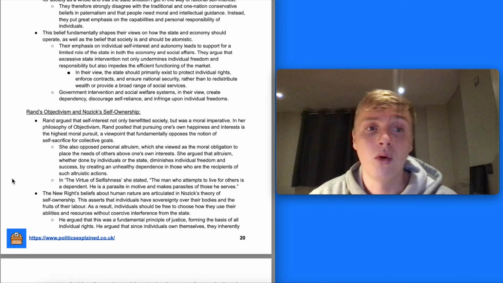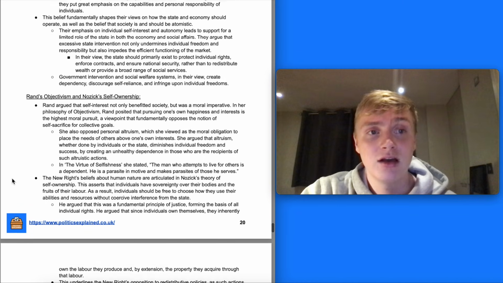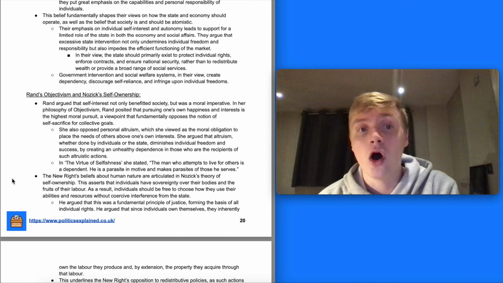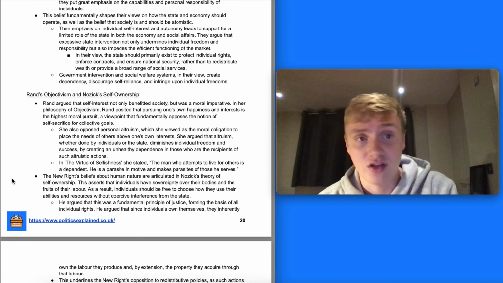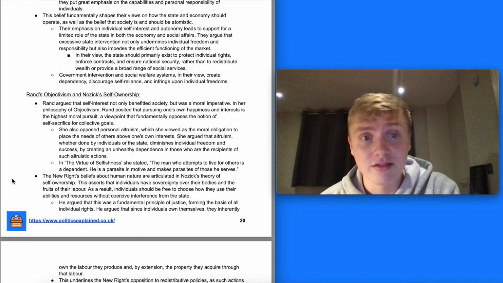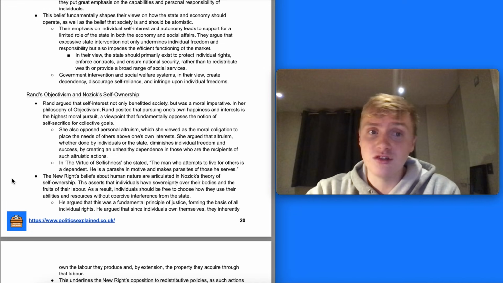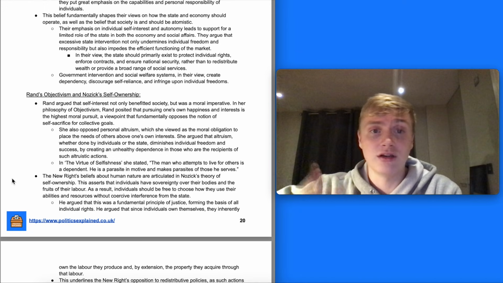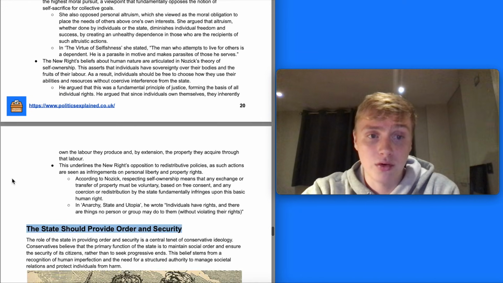So it leads them to support a limited role for the state in both the economy and social affairs. They argue that excessive state intervention not only undermines individual freedom, but also the efficient functioning of the market. In their view, the state should exist only to protect individual rights, enforce contracts, and ensure national security, rather than redistributing wealth or providing a range of social services, which they believe really infringes on freedom.